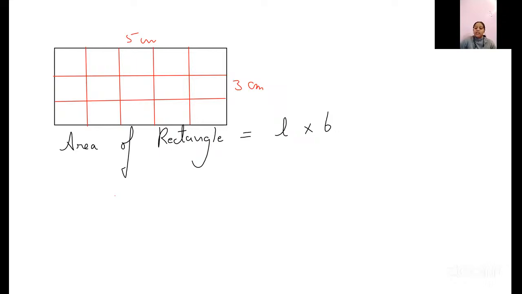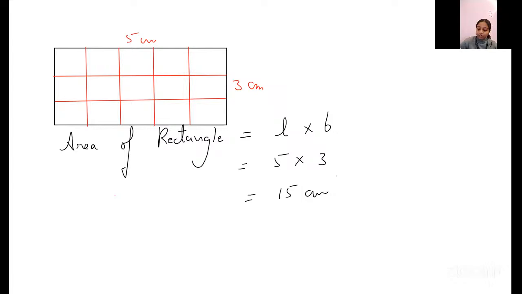When I say that the length is 5 centimeter, what I have is 5 lines like this, and 3 centimeter like this, like three lines or boxes. So how do we measure the area in centimeters square? Since the area of a rectangle is length into breadth, 5 into 3, I will get 15 centimeter square.